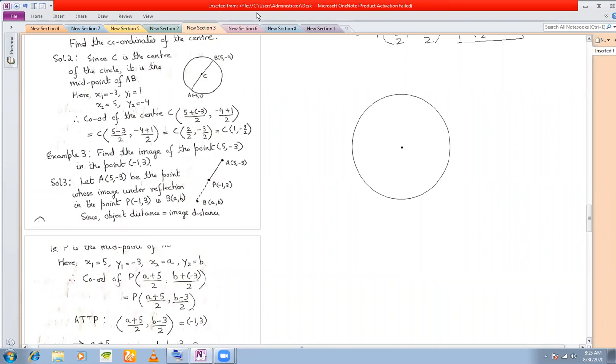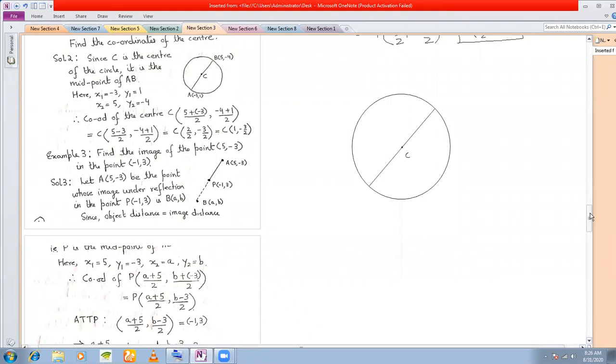Okay, so draw a circle and draw a line also as a diameter. Let us take the center of the circle as C and draw a line that passes through this C. Okay, so this becomes our diameter.